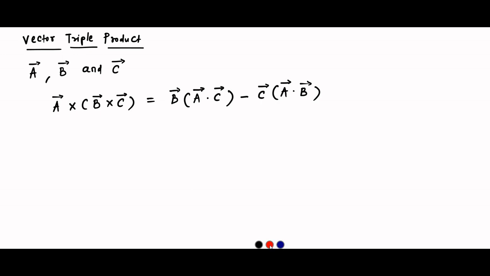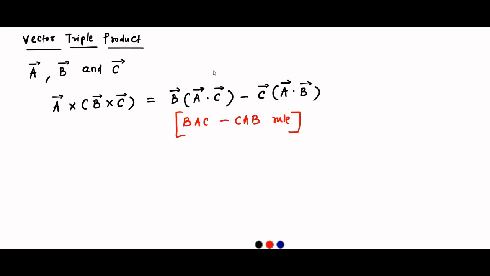So you can remember it as the BAC minus CAB rule. By this you can remember it: B vector multiplied with the dot product of a vector dot c vector, and minus c vector multiplied with the dot product of a vector dot b vector.